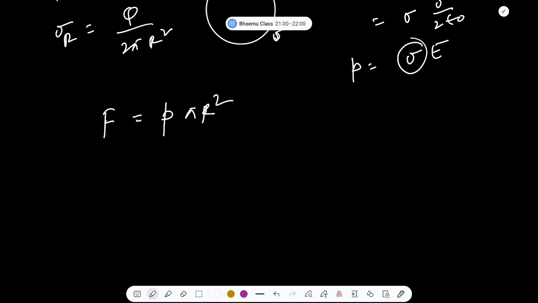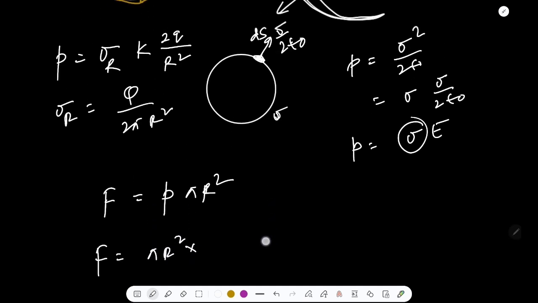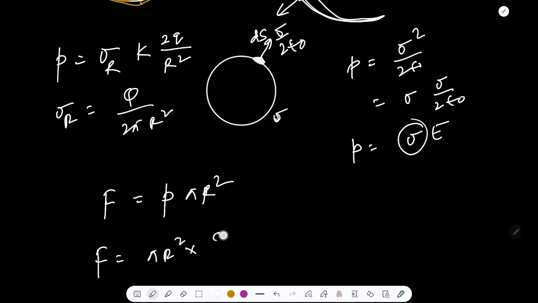And now I'm ready to find out the resultant force, and this will be pi R squared multiplied by the pressure, that is Q by 2 pi R squared multiplied by k 2q by r squared.